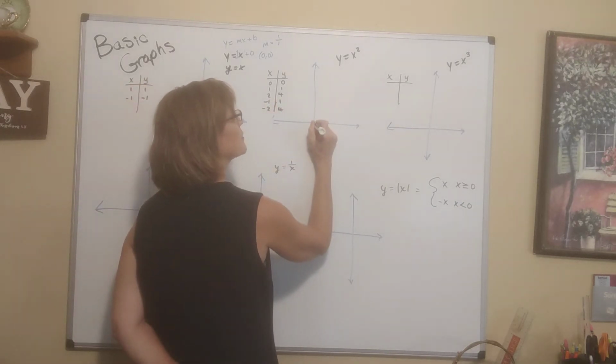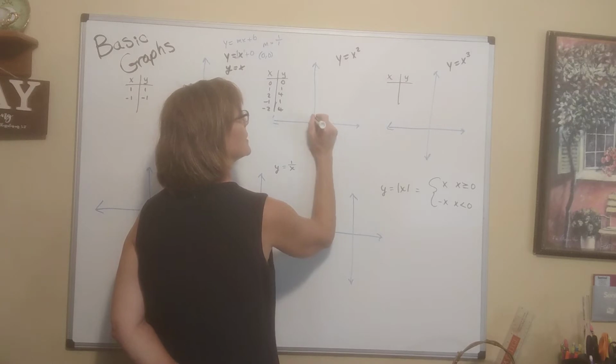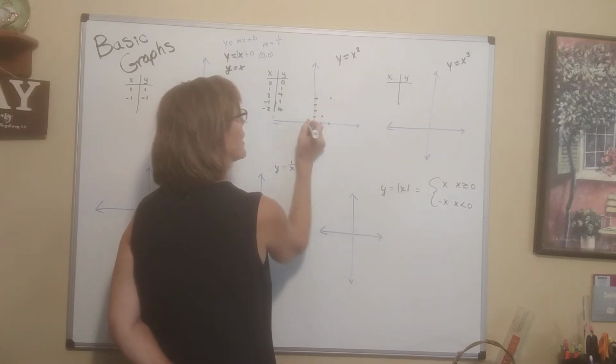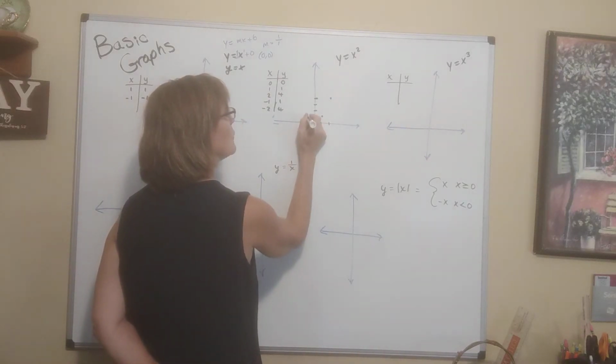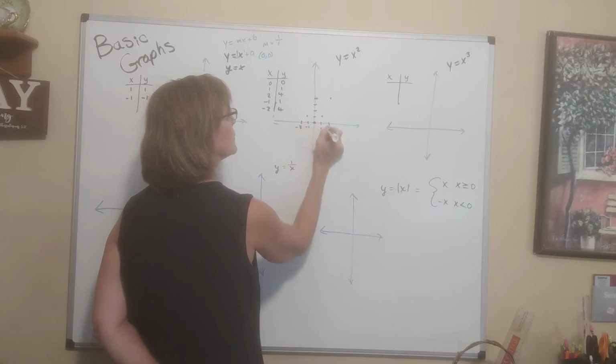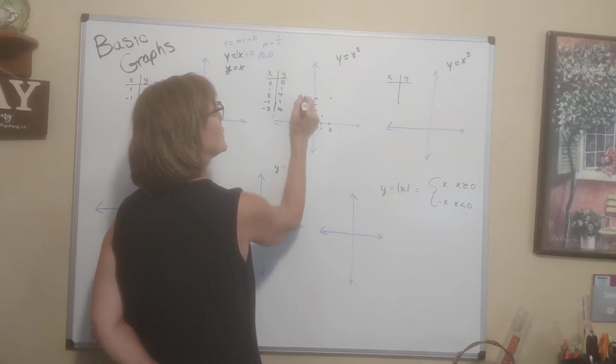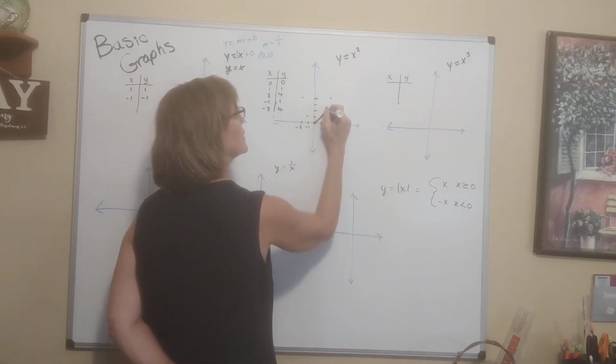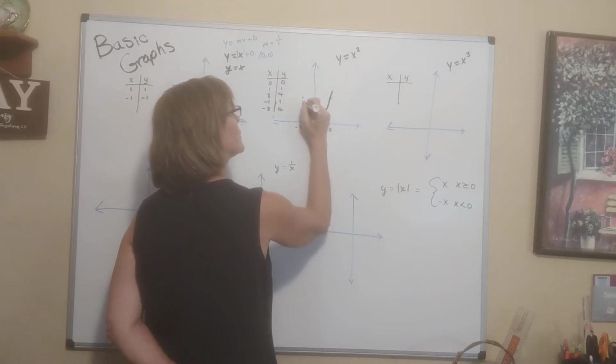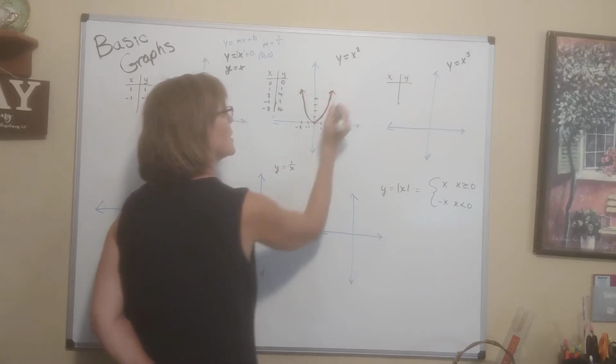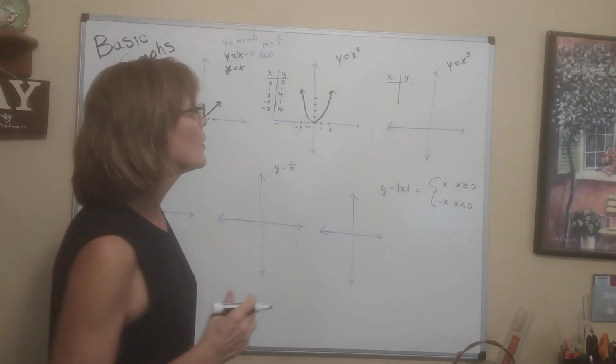So we get the point 0, 0. We get the point 1, 1, 2, 4, negative 1, 1, negative 2, 4. And so we get this parabola like this. That's a basic graph you want to be familiar with.